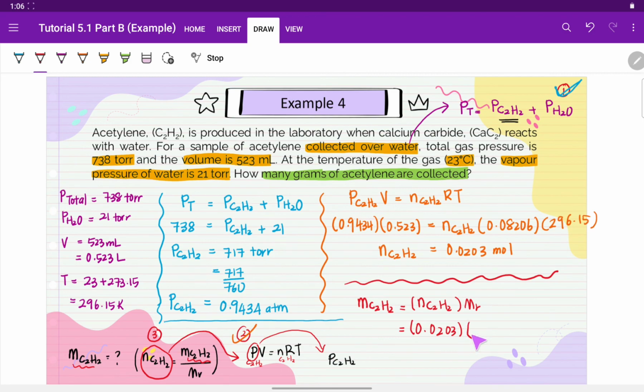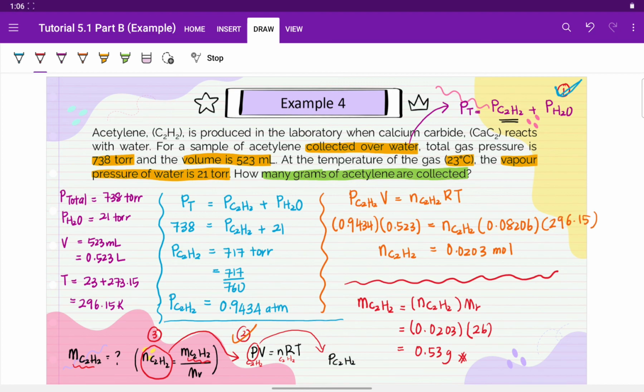Molar mass awak boleh kira daripada table, it will be 26 and you will get the mass of C2H2 sebagai 0.53 gram. Okay, so that is the answer for example 4.